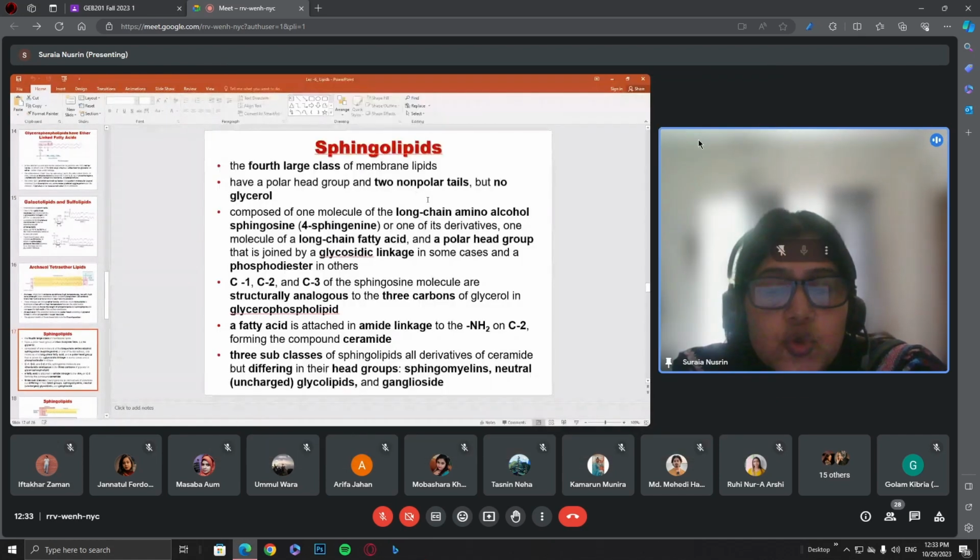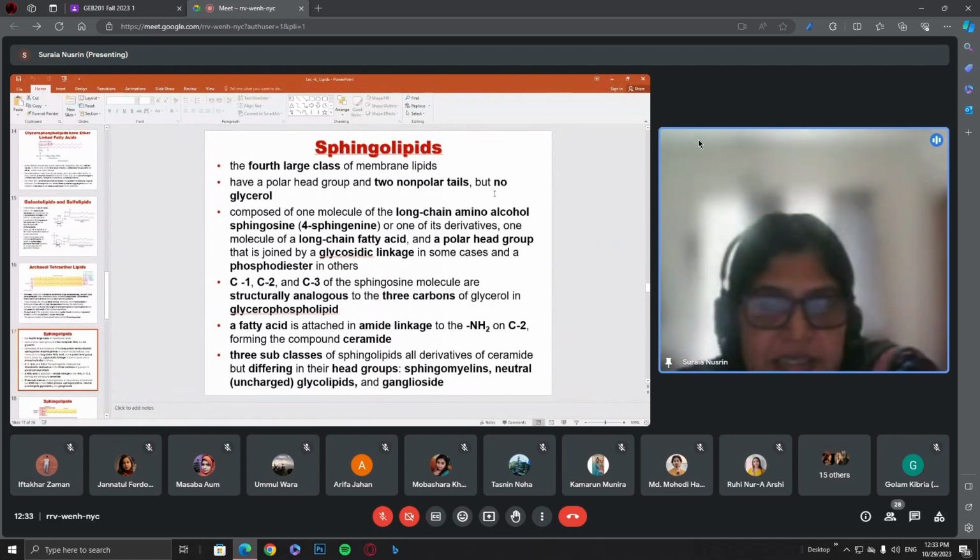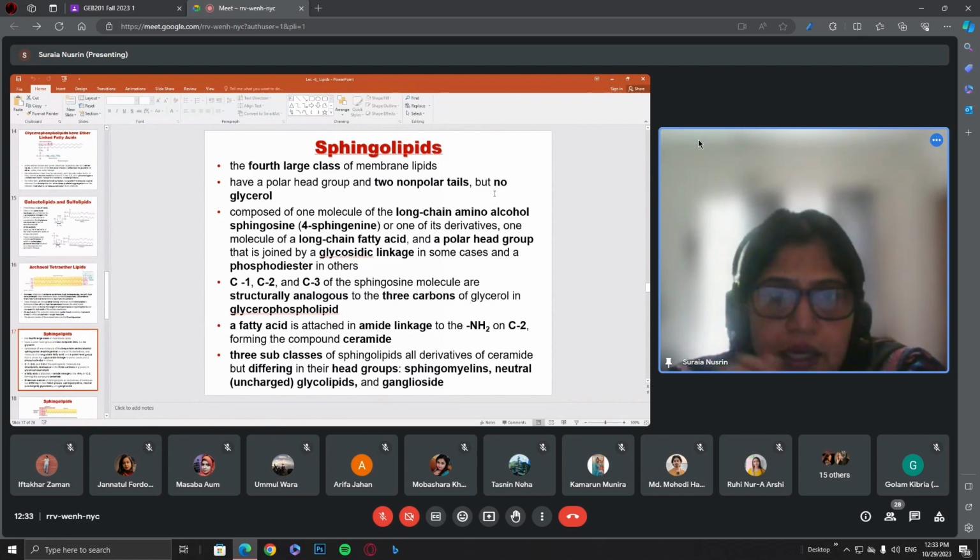But they have two non-polar tails. In case of glycerophospholipid, the non-polar tails belong to the two fatty acids attached to the glycerol by ester linkage. In this case, we will learn what the two non-polar tails in sphingolipid are, but there is no glycerol.